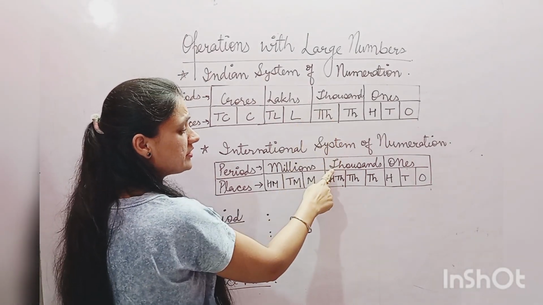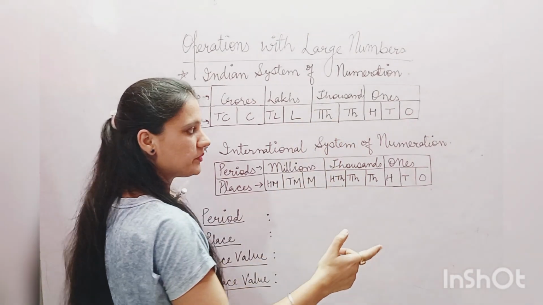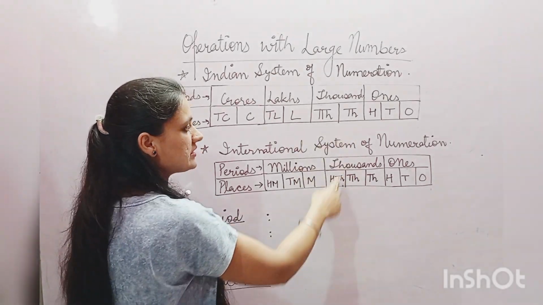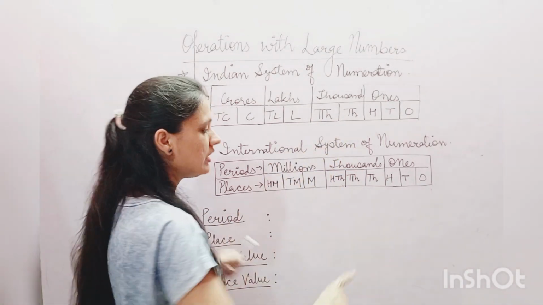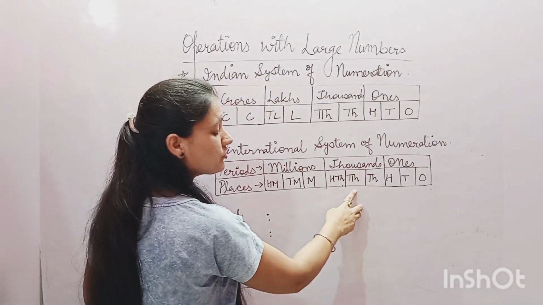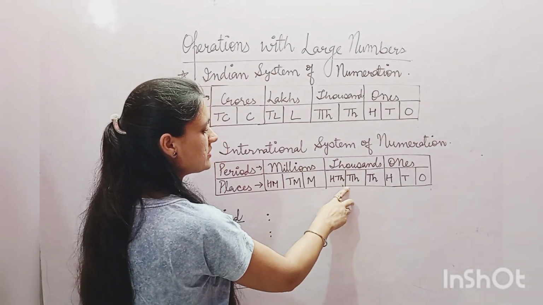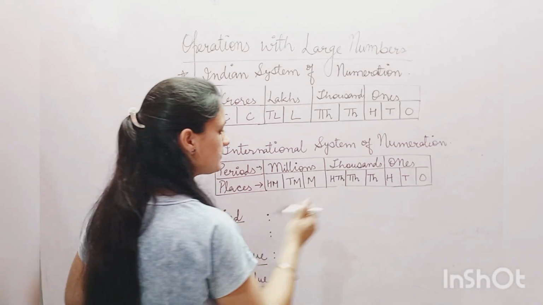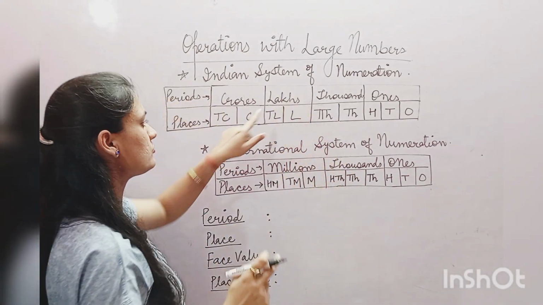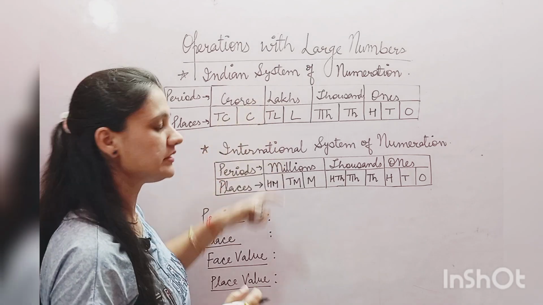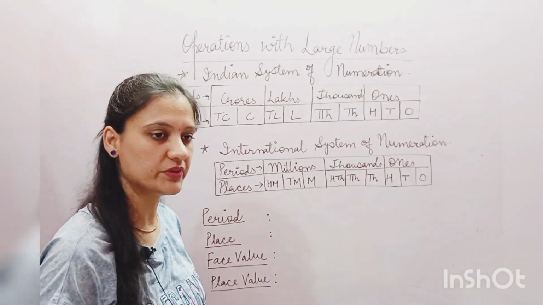Here in international system also there is thousand period, but the difference is of the places. Here two places are given, that is 1000 and 10,000. But international system there are three places, 1000, 10,000 and 100,000, right? Next is lakhs. Here in Indian system we used to speak lakhs and crores, but in international system there is millions period, right?